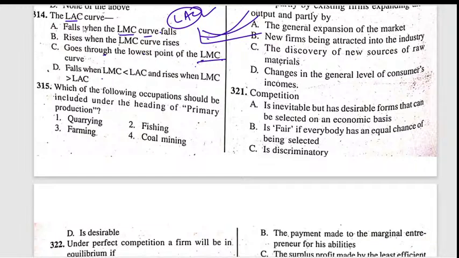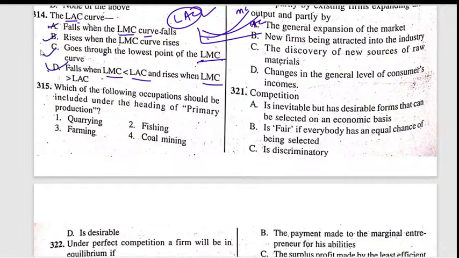If I talk about marginal cost and average cost, false when marginal cost is less than LAC? No, yes, it is correct. The long run average cost curve will be falling when the marginal cost curve is less than LAC, and rises when LMC is more than LAC. So all the options are correct.